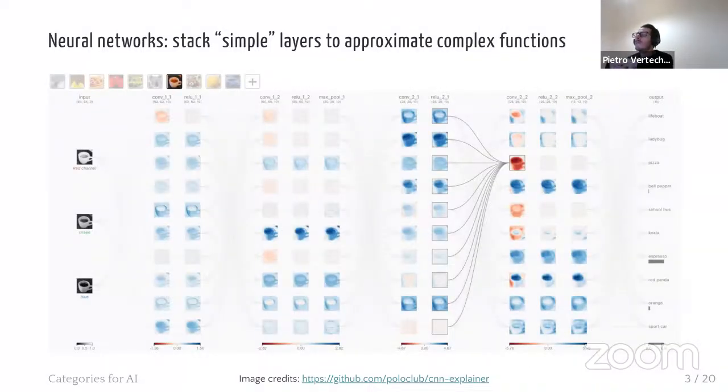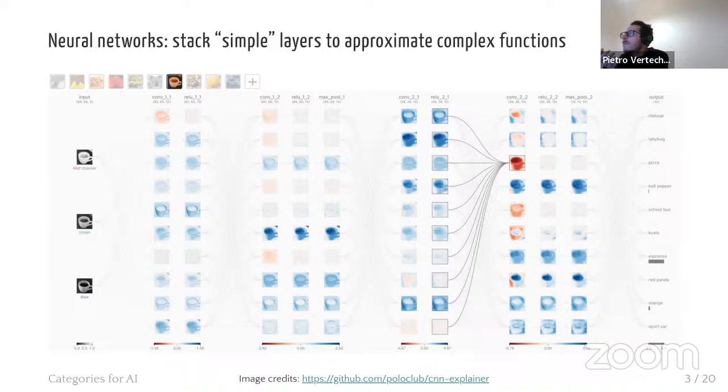From a broad, simplistic perspective, a neural network is just a stack of simple layers. In this case, we are using convolutional layers, pointwise nonlinearities with ReLU, and pooling layers.